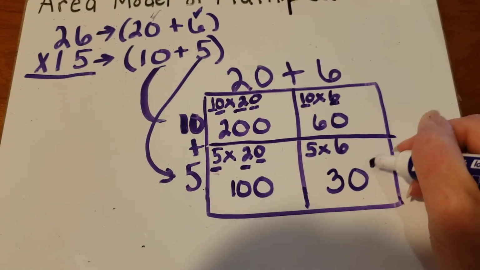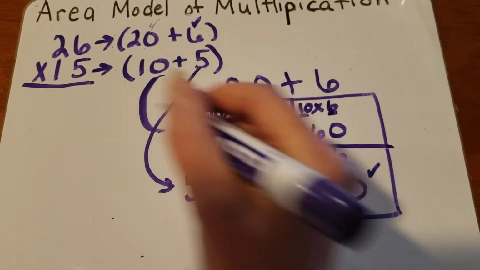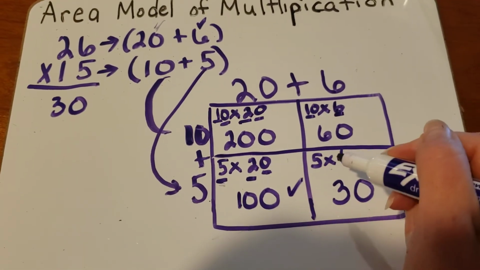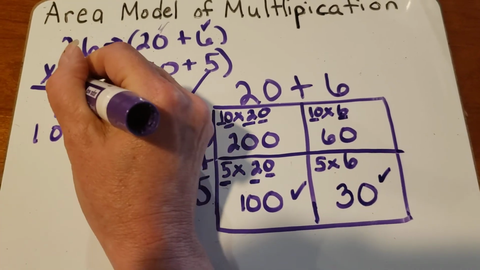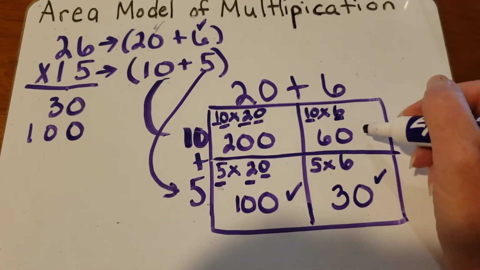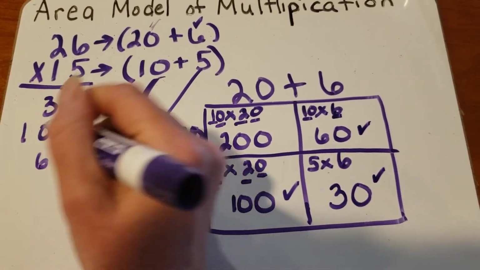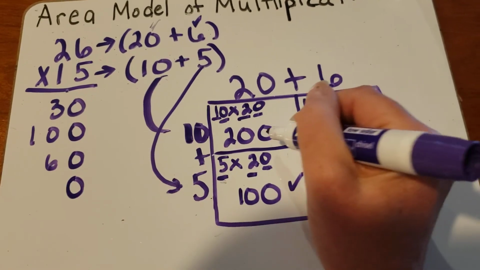Now I'm going to write each of these values below the algorithm. So 30, 100, and again, you can draw lines if you choose to, 60, and 200.